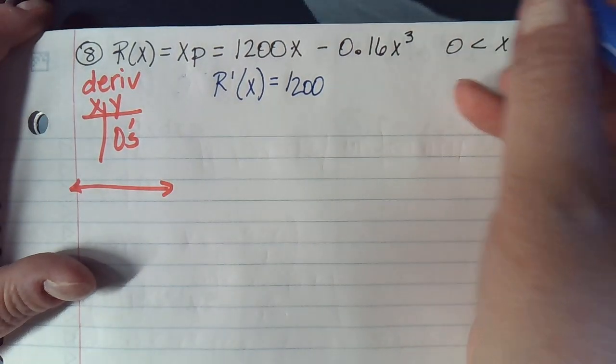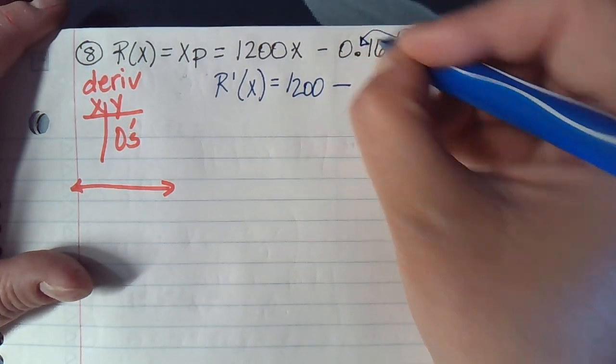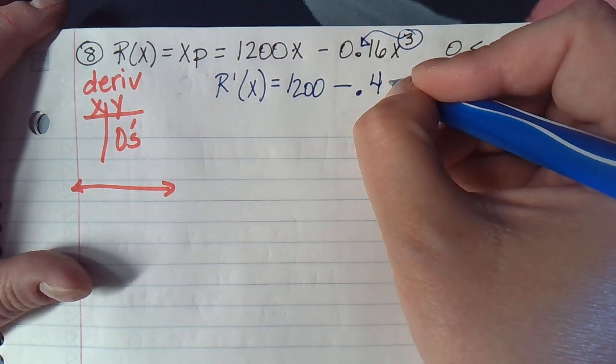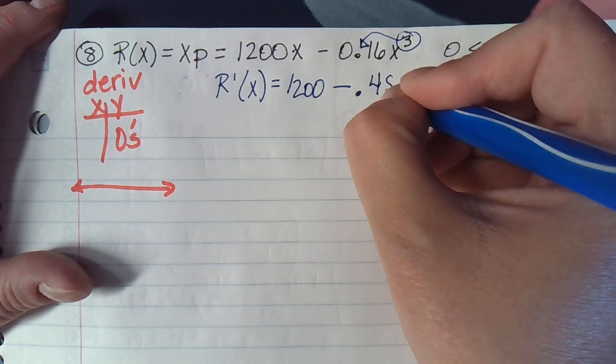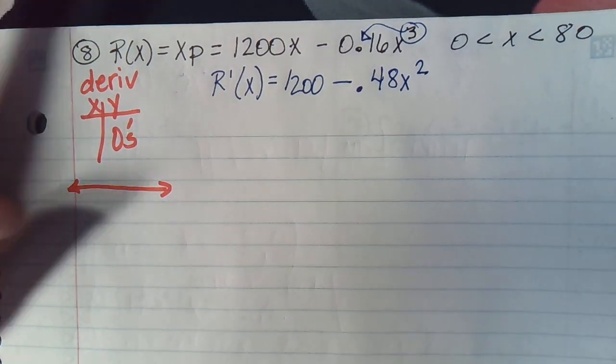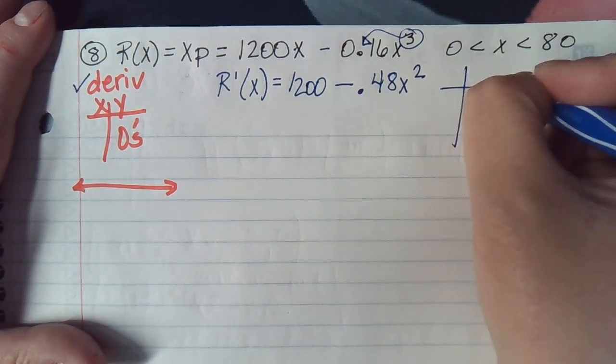Okay, so 1,200 minus, exponent comes down and multiplies, and we get 0.48x, subtract 1 from the exponent, 2. Okay, so that's our derivative. Now we're going to find the T-chart for this.